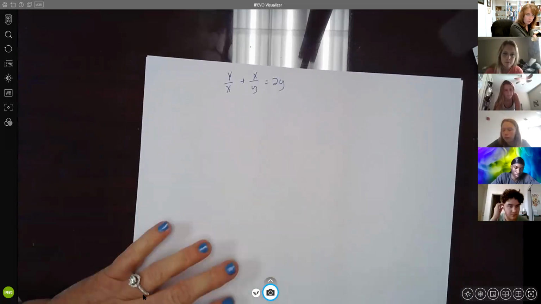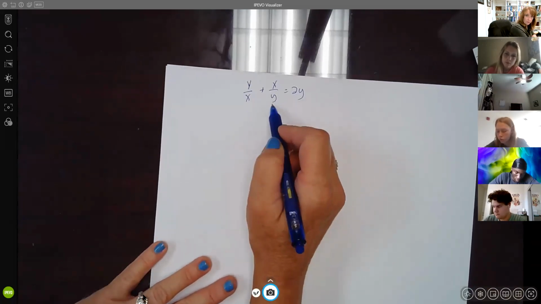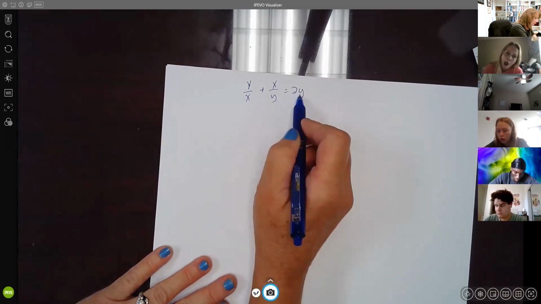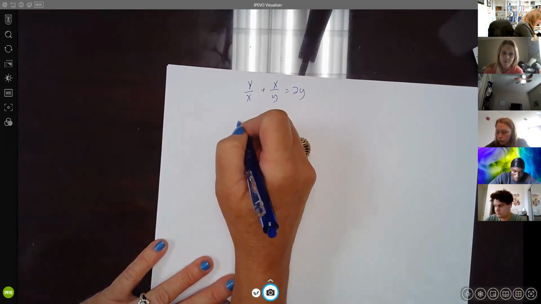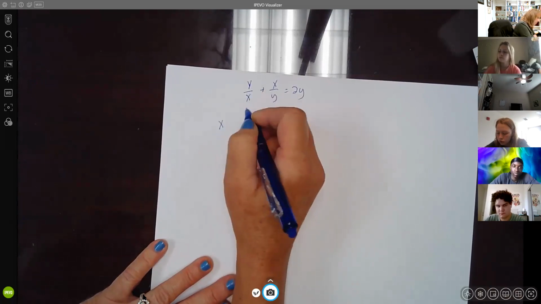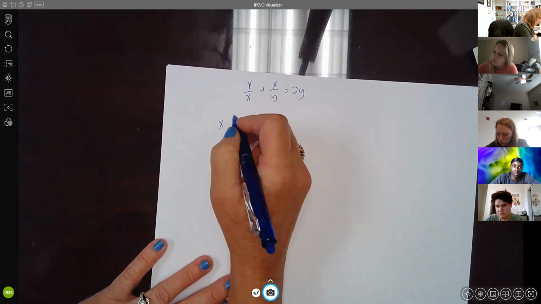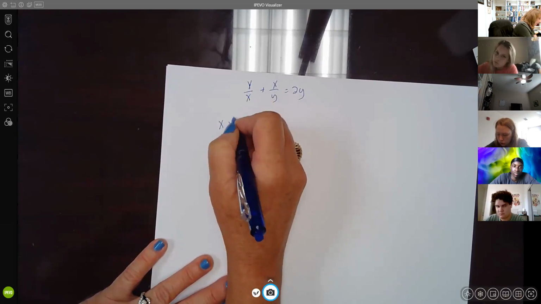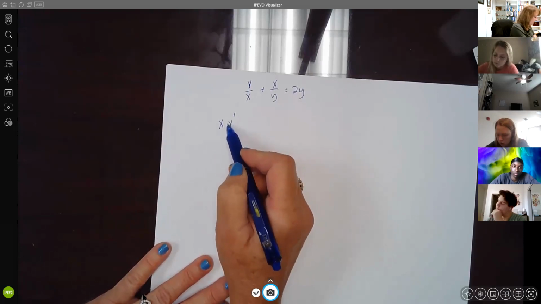Cool, thank you. First thing we want to do is differentiate all of this. So it's going to be d, which is x, times the derivative of y, which is y prime. I'm going to leave it as y prime, because I don't usually do this, and you could get really confused.